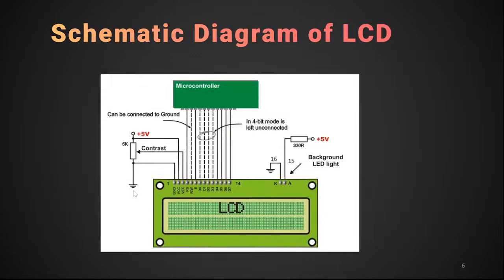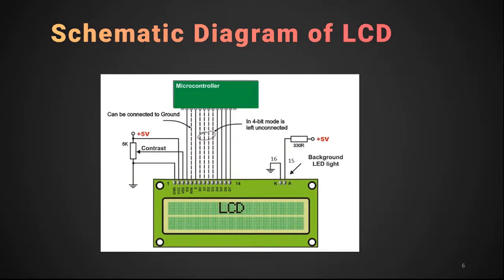And this is a schematic diagram to interface LCD with the microcontroller STM32F411. So we'll be using 2 ports today, GPIO port B and GPIO port C. And this is the connection for the contrast. You can use a 5K pot meter or 10K pot meter. And these are the microcontroller data pins.